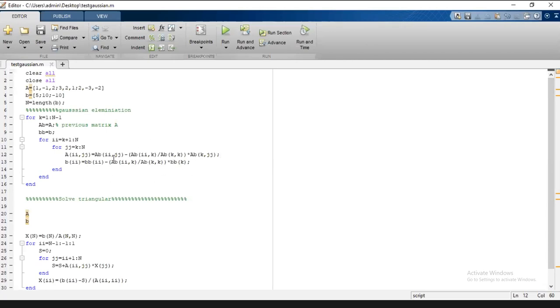Now, what you could have done in MATLAB faster is to subtract the lines directly.